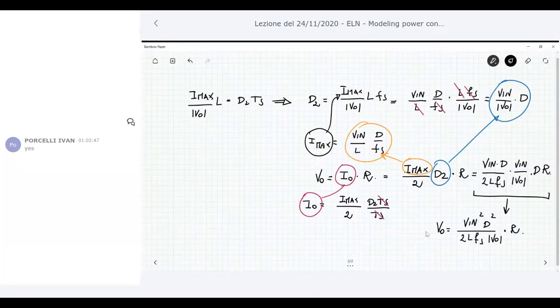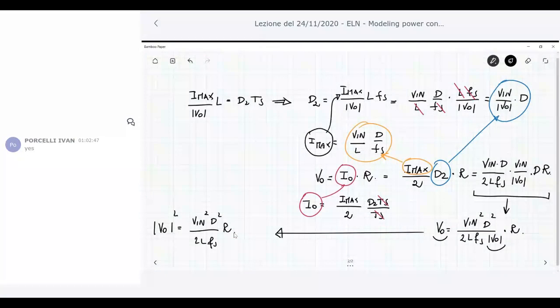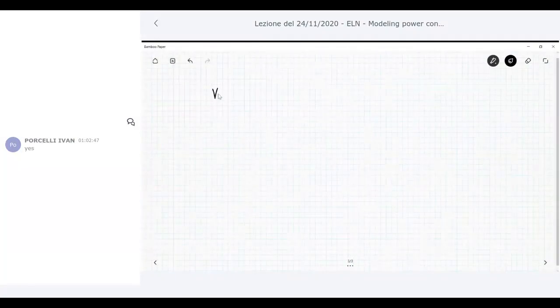Now let me exploit this space here. So I have V naught here and V naught here. Let me put V naught square value, which is V in square D square over 2 L Fs R. Okay, so from this expression I have to extract the square root, so I can find V naught.